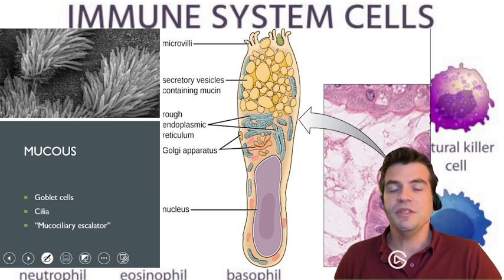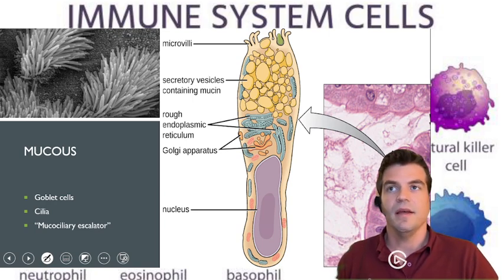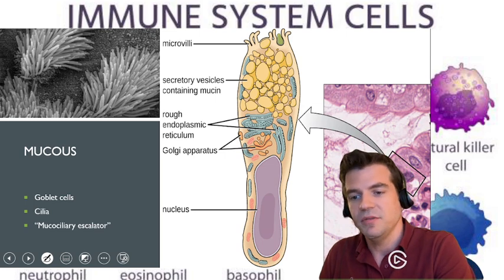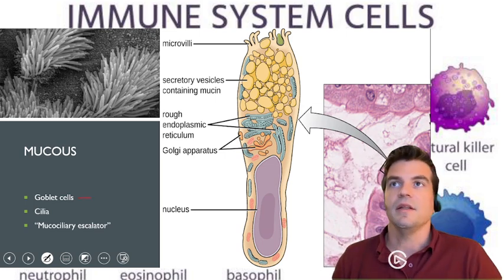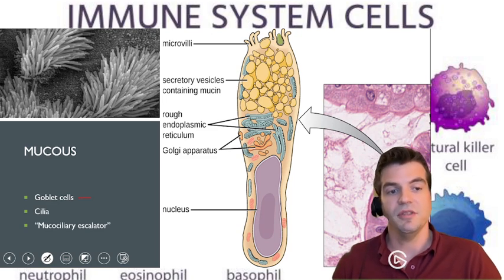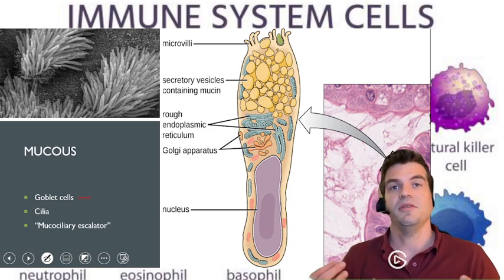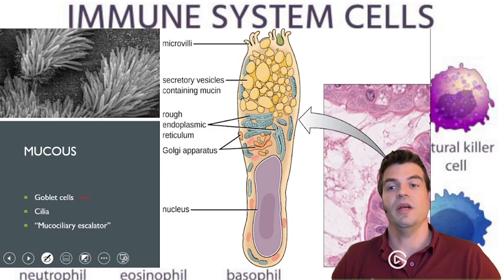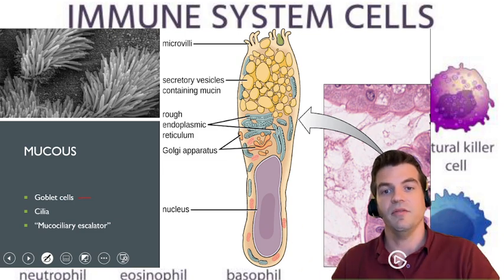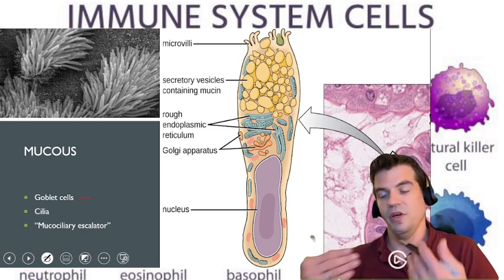The mucus is produced by goblet cells, and those mucus membranes help trap pathogens. The mucus is sticky, the pathogens get trapped, they can't go, and then we put the mucus out of our body, either into our stomach or we cough it out.